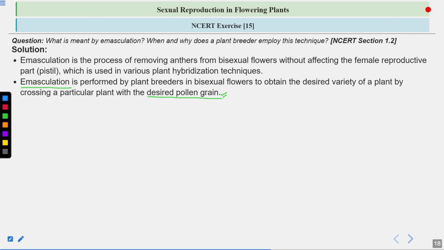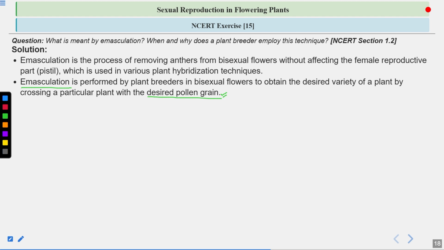So that's why you have removed all the stamens. By chance it could happen that the pollen grain from the same flower could fall on that stigma. To avoid that, you have taken out all that stamen, and this process is called emasculation.